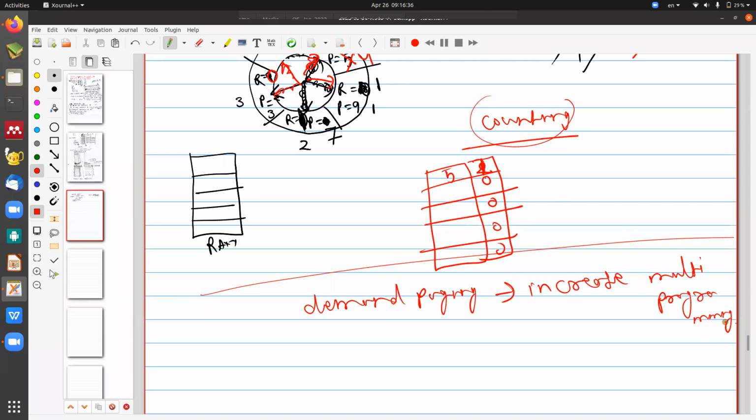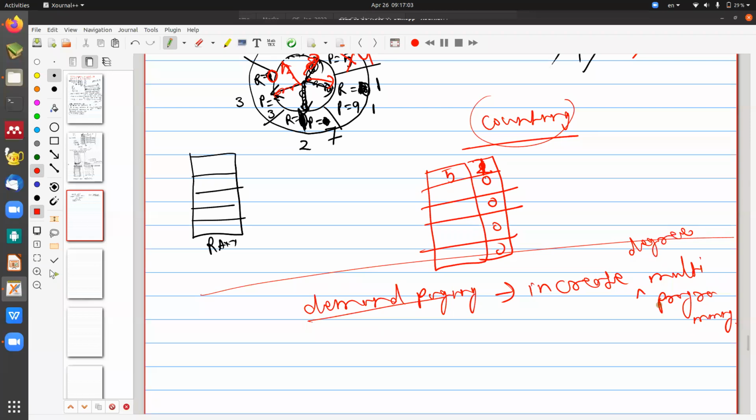Because of the page replacement algorithm, instead of running only 1 or 2 programs, you can run n number of programs at a time, or not? Whenever needed, my page replacement algorithm says remove one page and bring another. It means demand paging allows multiple programs to run at a time, increasing the degree of multi-programming.